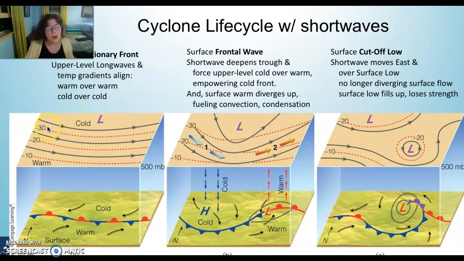When there's no short waves in the area, the long waves really go very, very well with the temperature gradients in the upper levels. So you see how the middle of the temperature gradient is right in between the long waves. And that's very predictable.